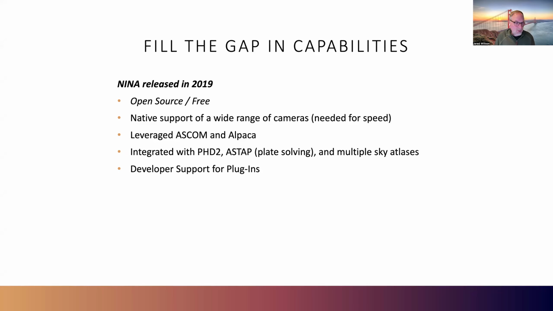That was important because in an early version of Nina, I tried hooking up one of my cameras via ASCOM at first, not realizing I needed to use the native driver, and the download speed was like a minute and a half per frame instead of 2 or 3 seconds per frame. So there are a few things where you really do want native drivers, and cameras are one of them.